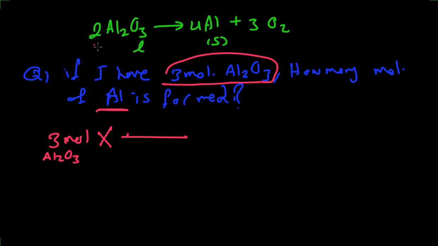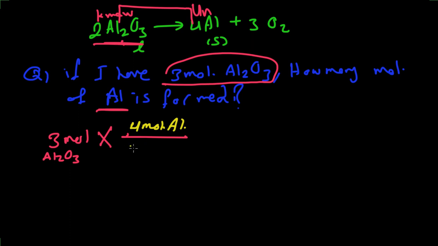So you will make a conversion factor between known and unknown. Which one must be denominator? Which one must be numerator? So unknown is always written 4 mole of aluminum, numerator.